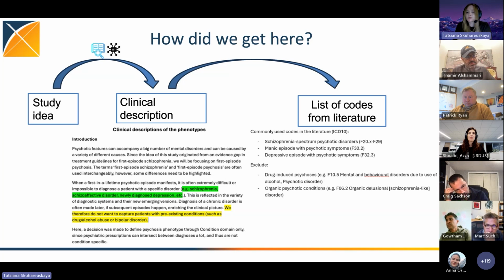For the example we're going to be talking about today, first episode psychosis, we came up with lists of codes commonly used in literature, in this case ICD-10, for the conditions that we want to include or exclude from our phenotype. In short, we want to include psychotic disorders, schizophrenia spectrum disorders, and brief affective episodes with psychotic symptoms, and we want to exclude drug-induced psychosis and organic psychotic conditions.